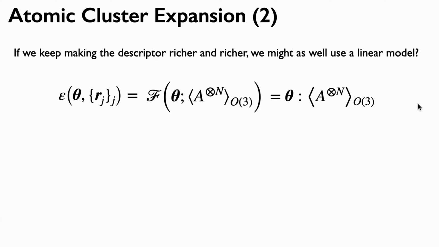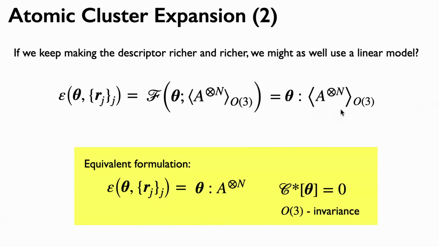That is one way you can call it an ACE model, and I'll show you a second way to interpret this. You find some way to take atomic environments, you embed them into a vector space, you take n-fold tensor products and symmetrize. And the linear model out of that is an ACE model, if you wish.